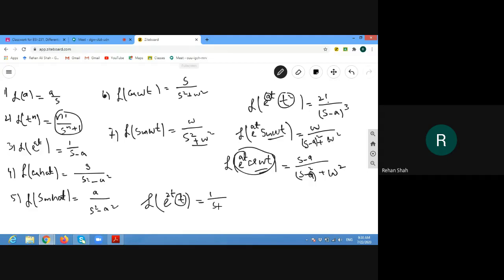So this will become 1 over s minus 2 whole square. Replace s by s minus a. Here a is 2. Is it clear? Yes, sir. Okay, so this is called the shifting theorem.